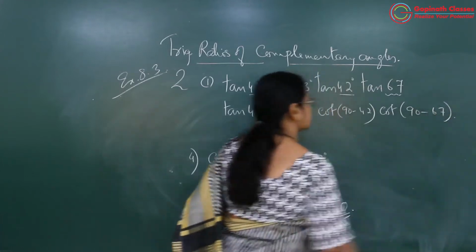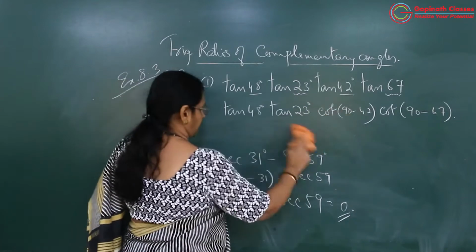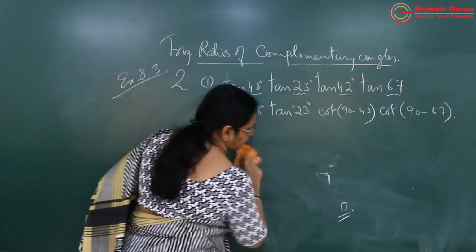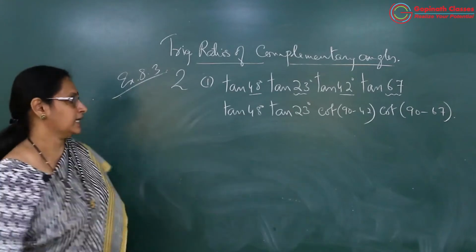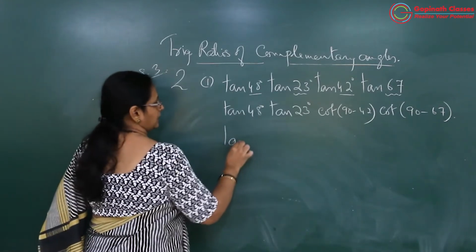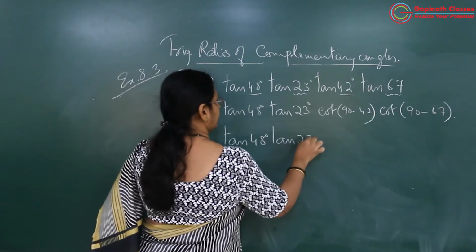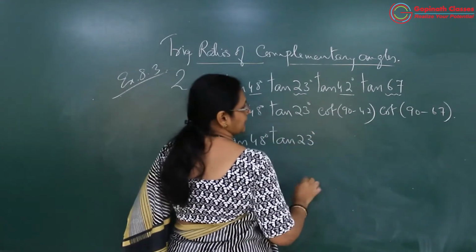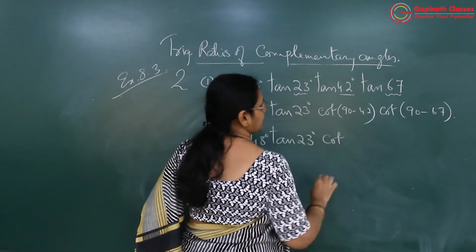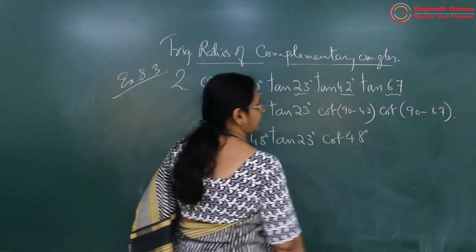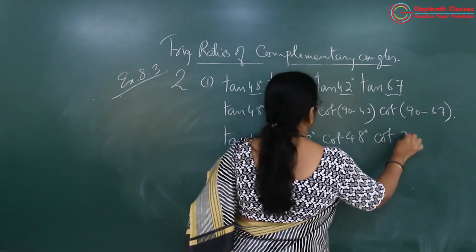So what I did is, in order to make the same angle, I am changing it. 42 I am converting into 48. 67 I am converting into 23. Now I will continue. Tan 48 degree, tan 23 degree, cot 90 minus 42 is nothing but 48 degree, and cot 90 minus 67 is 23 degree.